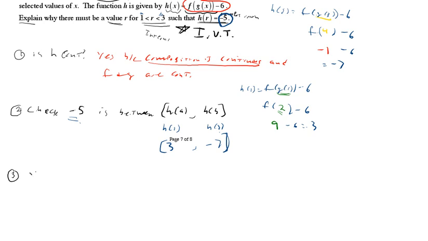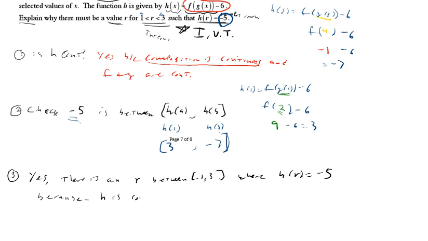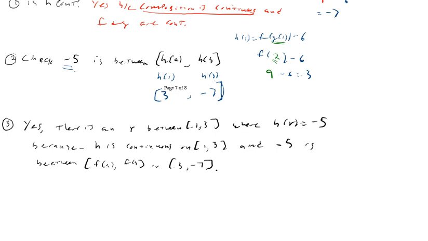Say, yes, there is an R between 1 and 3 where h of r equals negative 5 because h is continuous on 1 to 3 and negative 5 is between f of a, f of b, or 3 comma negative 7. This would be your statement.